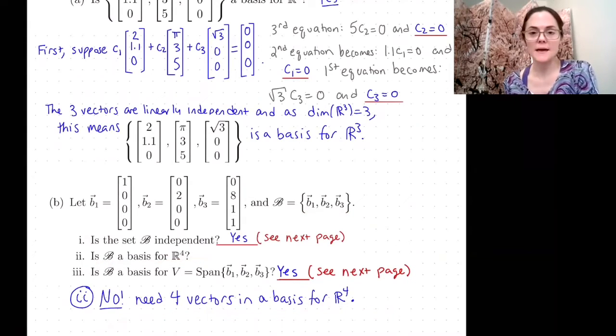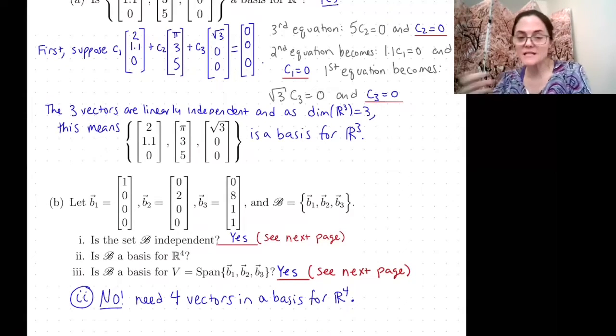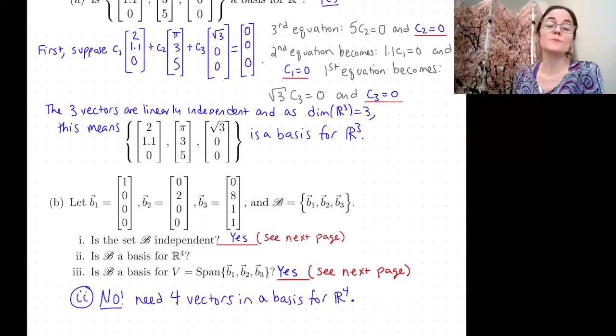They're never going to span. The biggest dimension they can span is a 3-dimensional subspace, and that happens if they're independent, which they will be. That's on the next page. But you never will have 3 vectors in R4 that form a basis for R4. You don't have enough. So the answer is no.